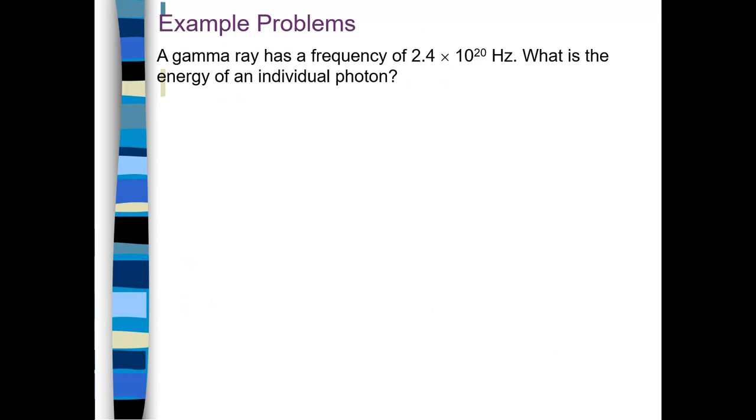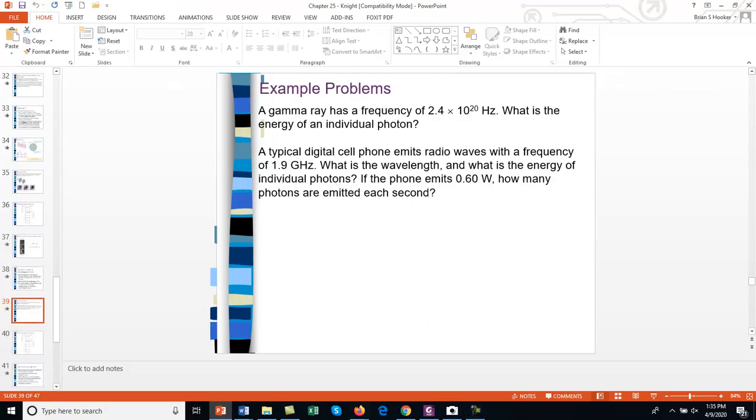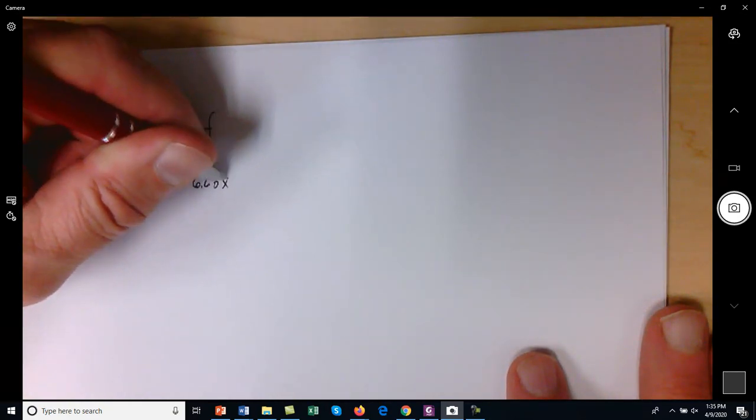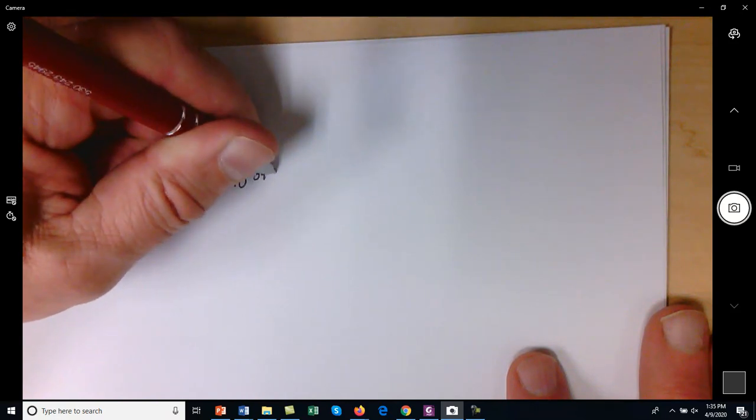So let's say we have a gamma ray and it has a frequency of 2.4 times 10 to the 20th hertz. Okay, so that's pretty high frequency. To get the individual energy, we just take Planck's constant, which is 6.63 times 10 to the negative 34th joule seconds.